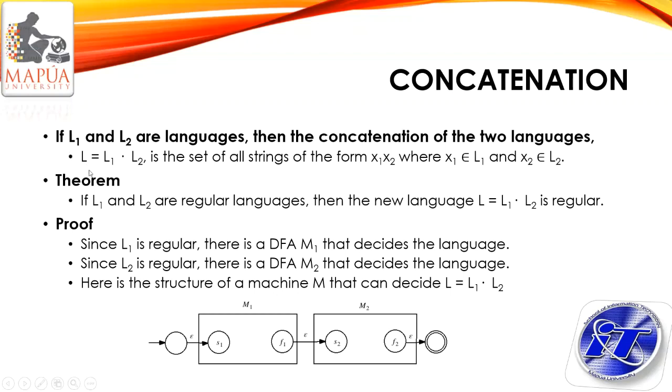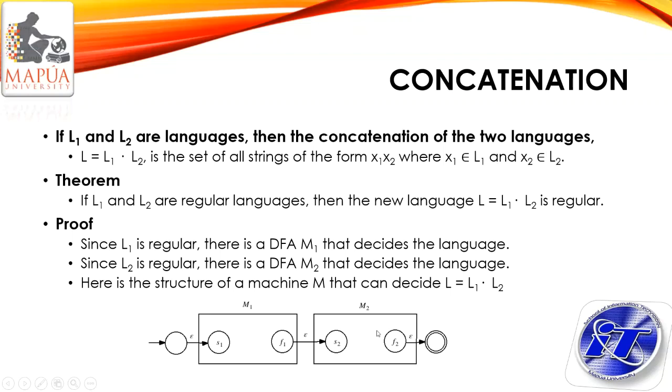We have this theorem: if L1 and L2 are regular languages, then the new language L, L1 concatenated with L2, is regular. To prove this, there is a machine that accepts language 1, and it is connected to another machine, so we can go to the next machine through an epsilon transition. It means language 1 could be either present or not, and we could go to the second machine.